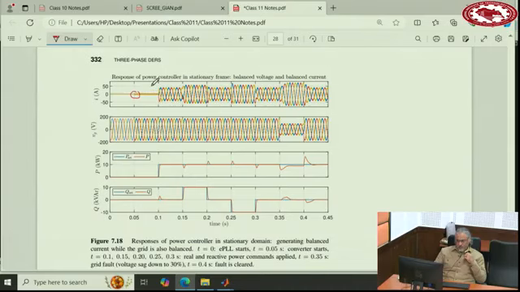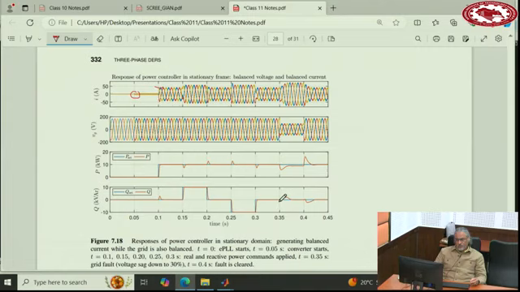And the converter immediately starts generating the current, and the power goes up to 10 kilowatt. And then here you have a reactive power jump, and the converter follows. Reactive power goes back to 0, back to negative 10, and to 0.